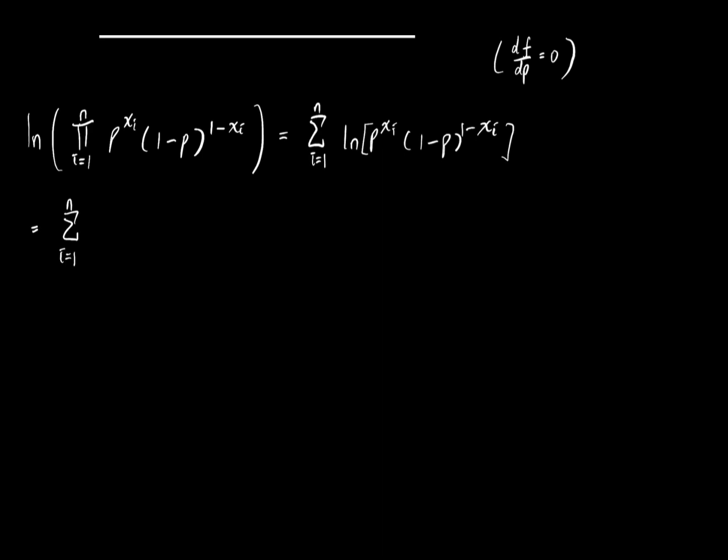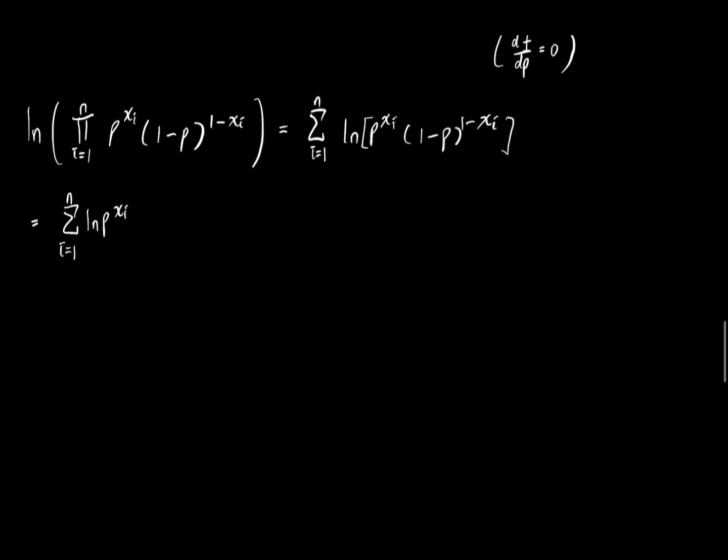So we don't have to be too confused about it. Okay, so we have sigma of ln of that, plus the sigma, same i from i equals 1 to n, of the ln of this thing right here, 1 minus p to the power of 1 minus xi.